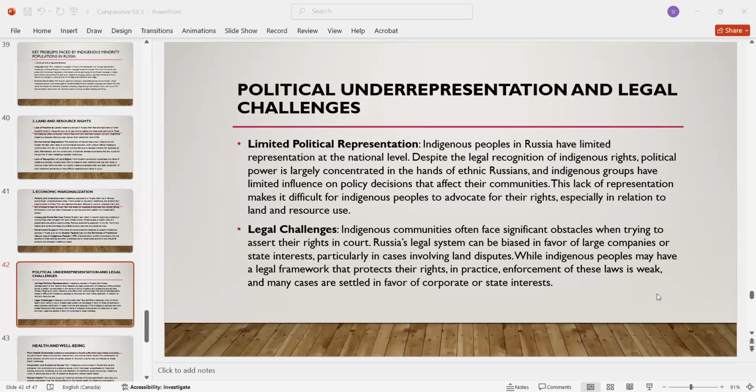And legal challenges, indigenous communities often face significant obstacles when trying to assert their rights in court. So normally it's happening now, right? Those who are not knowledgeable, very poor people, village people, definitely there is discrimination.